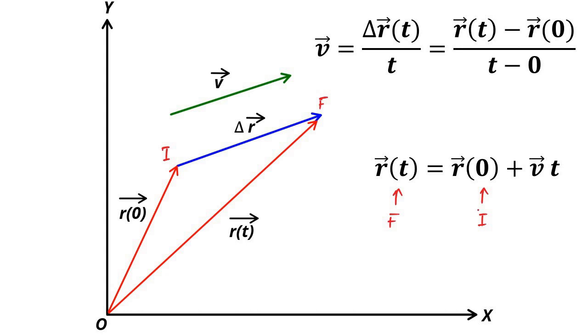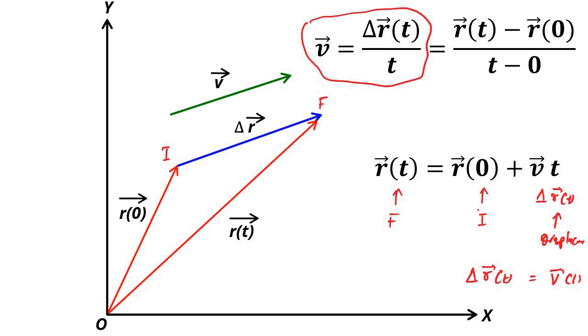Vt, which is equal to delta R vector, which is the displacement of the object or the body. Delta R vector is equal to V vector into t from here.